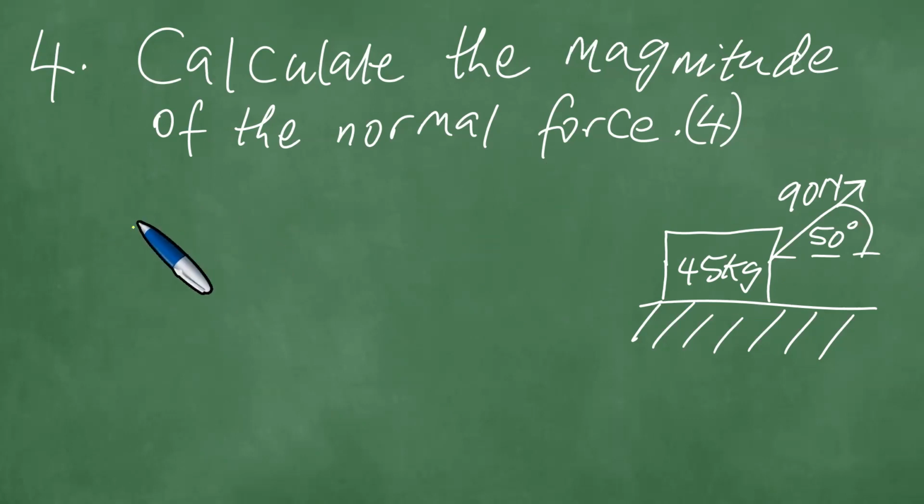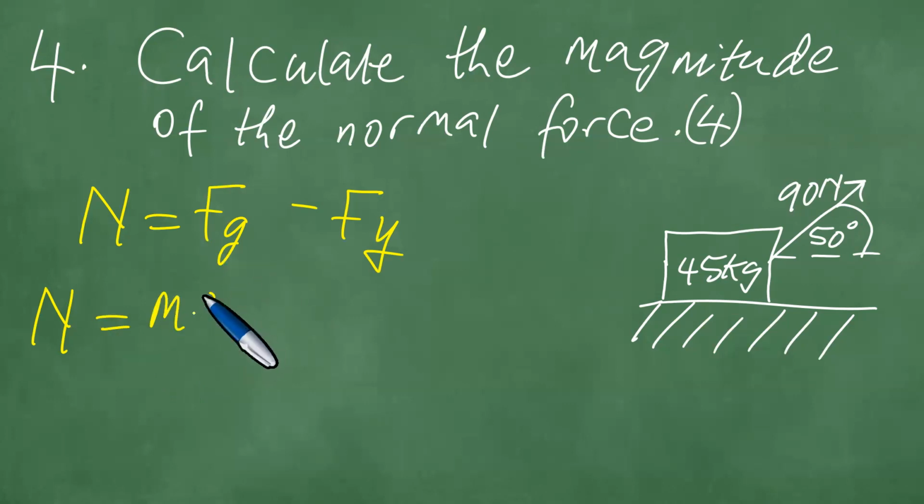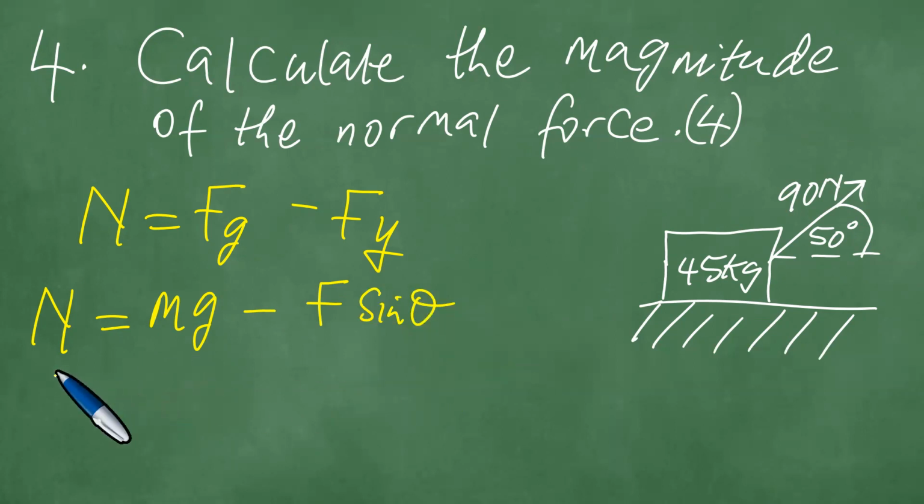Right, at this point, then, to find the normal force, we realize that the normal force is the gravitational force minus F sub y, which means the normal force, gravity is mg, Fy is F sine theta.